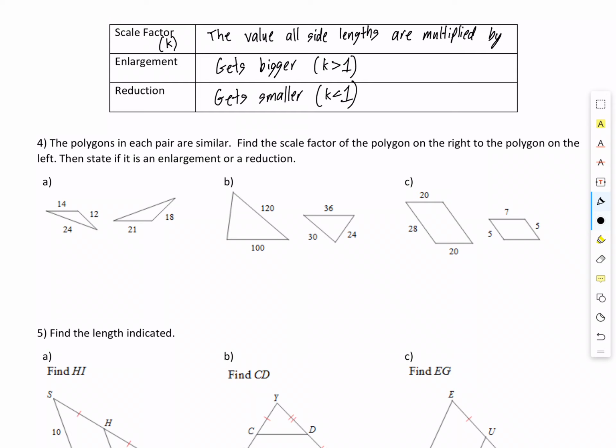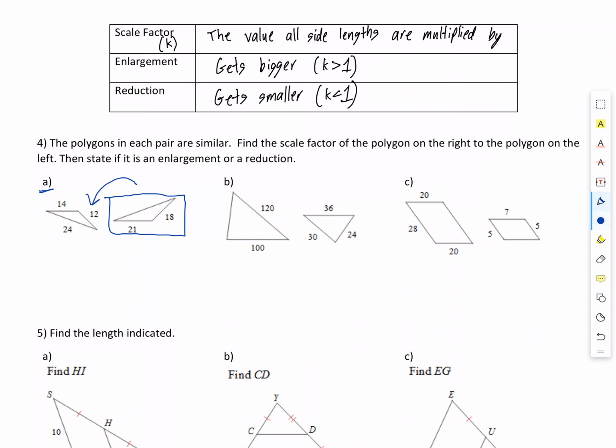So we're going to go ahead and look at these guys, or we'll put this in action. So if we look at A here, we're going from this triangle here to this one here.